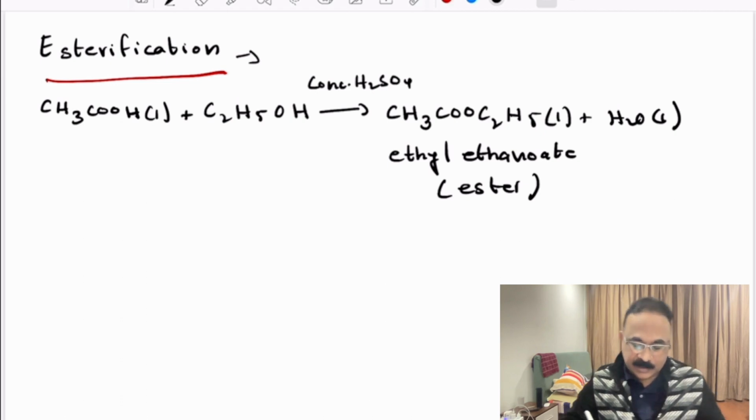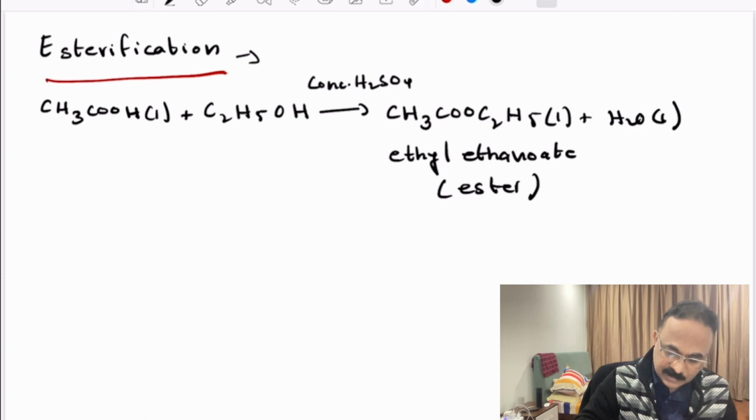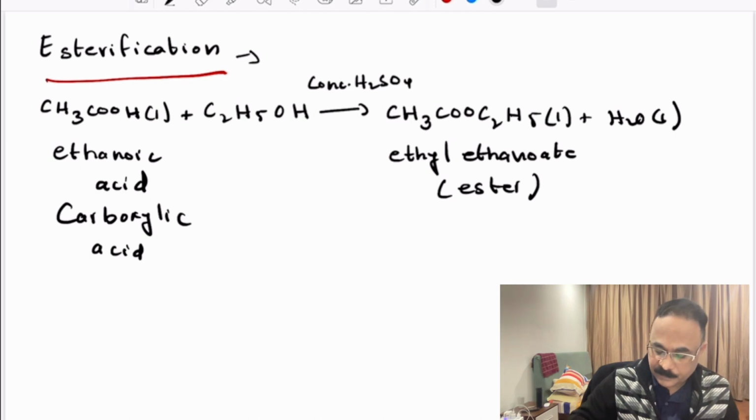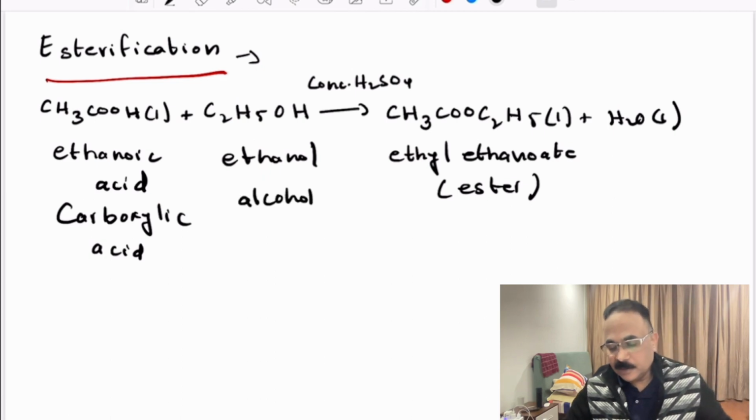Whenever we react a carboxylic group, we can just write it underneath the equation, ethanoic acid, which is a carboxylic acid functional group, and then we have ethanol, that's an alcohol, and it will be converted into ethyl ethanoate and water. So this process is known as esterification.